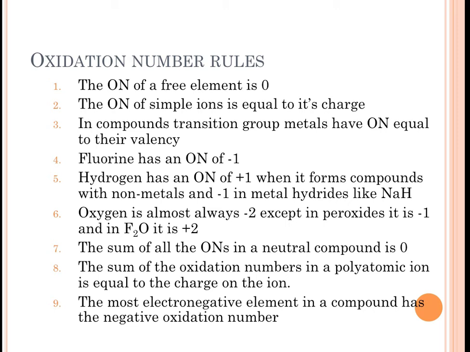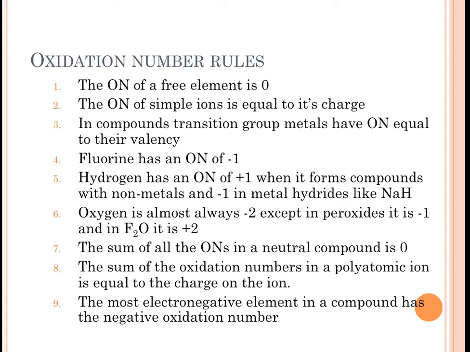If it's a transition group metal, we know that they have a variable charge, but whatever their charge is, their valency in that compound is the same as their oxidation number. So if you've got Fe2+, it has an oxidation number of 2+. If it's Fe3+, though, its oxidation number is now 3+. That may be indicated to you by the name, or it may be indicated to you by the formula in the compound. It won't necessarily tell you, you've got to work it out.